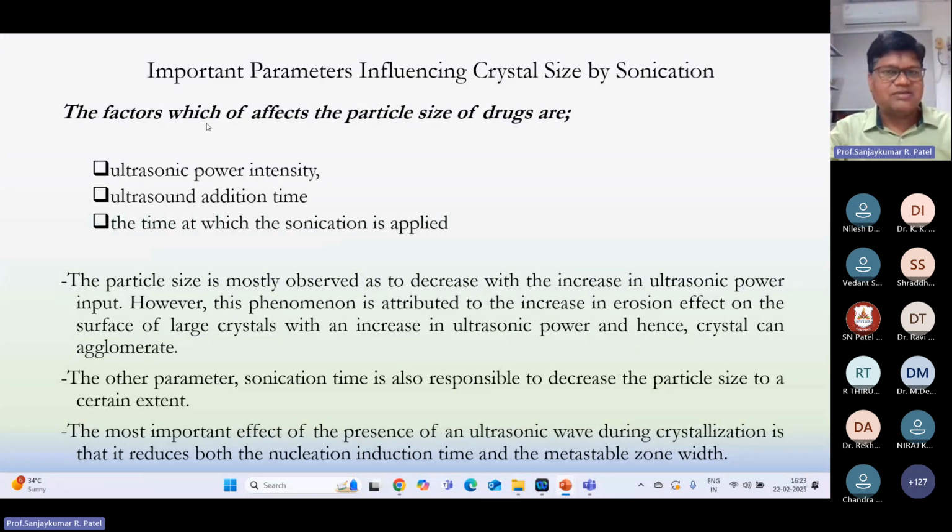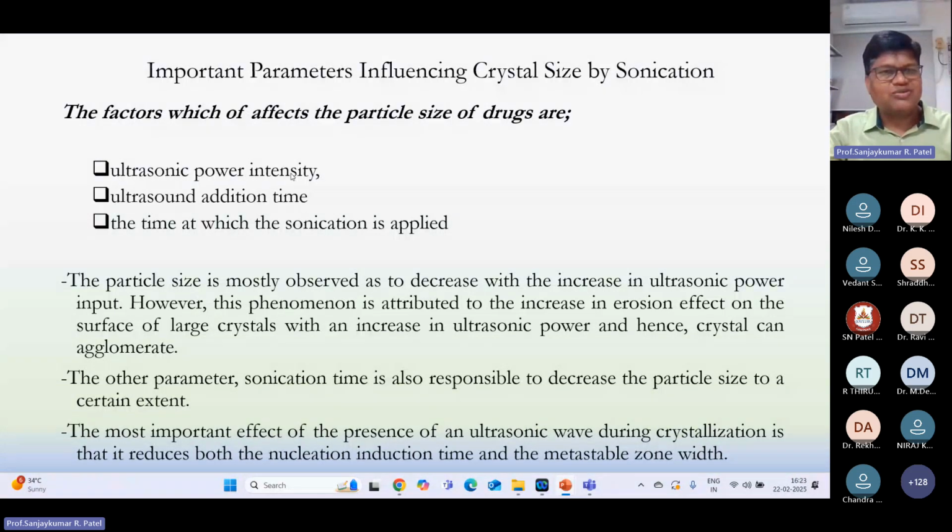Okay, so these are the three different ways by which you can apply ultrasound in a crystallization process, and thereby it will have control on the nuclei concentration, or on the uniform supersaturation creation, and thereby the nuclei. Okay, so ultimately you will have control on the crystal size and its distribution.